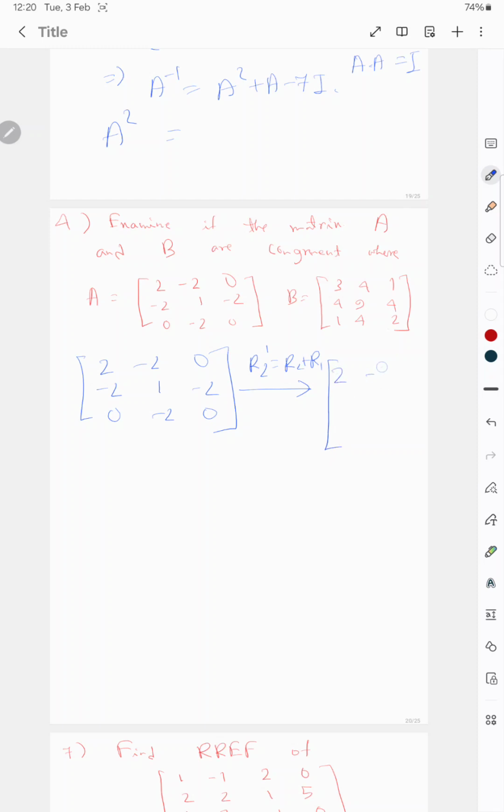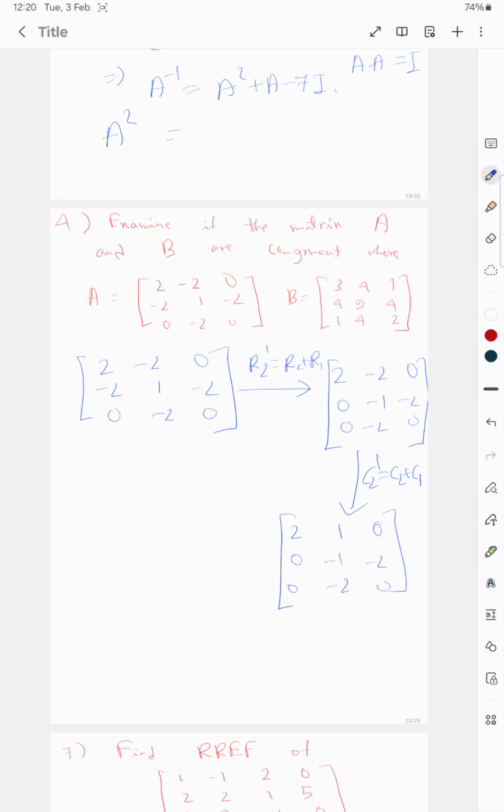So I just write that: 0 minus 1 minus 2, 0 minus 2 0. Then you have to do the same operation for the column, c2 plus c1. So whatever you are getting, just write this: 2 1 0, 0 minus 1 minus 2, 0 minus 2 0. Okay, so you got this type of thing.